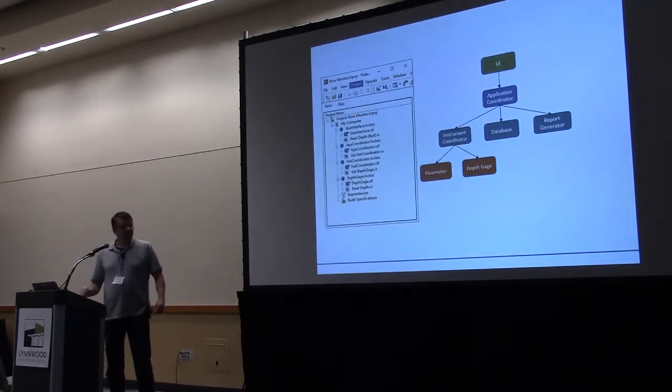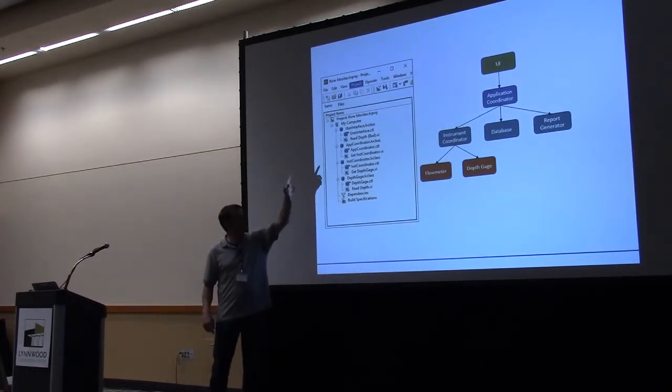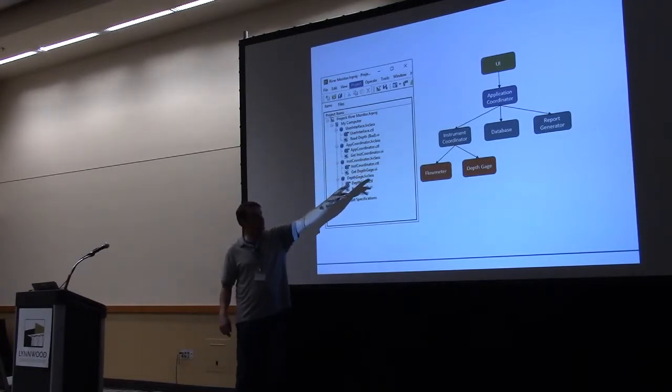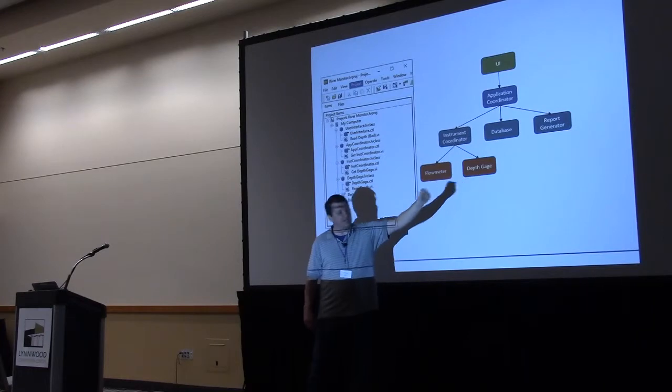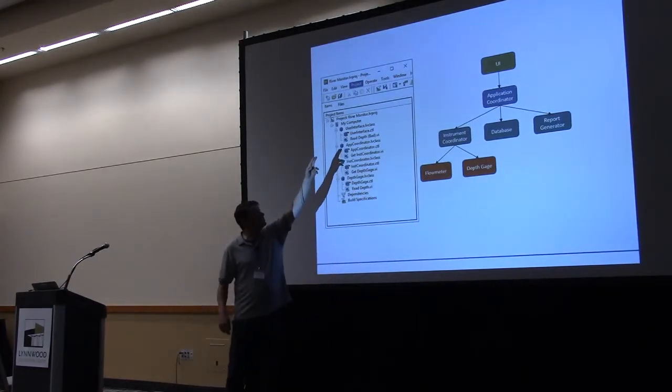In my project, in this particular project, I've got 4 classes. I've only implemented the UI application coordinator, instrument coordinator, and the depth gauge. The other ones I've left off. But here, in my user interface, I've got a read depth method.